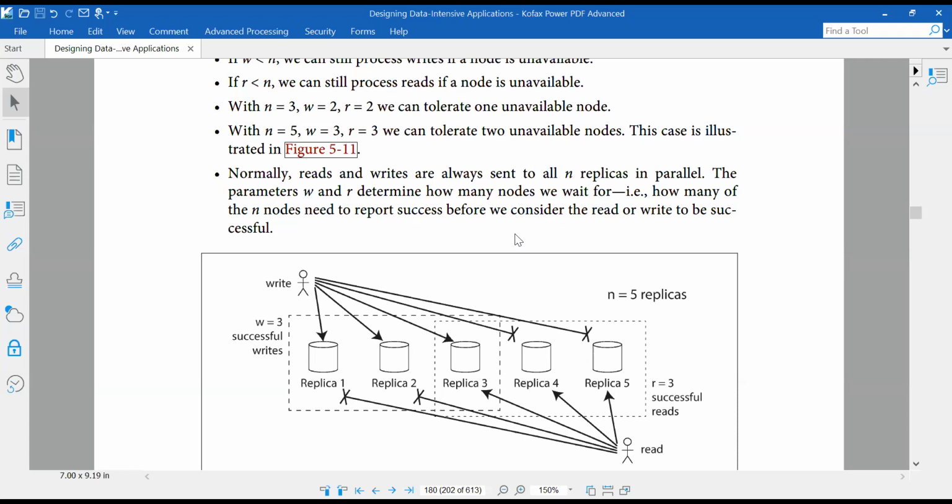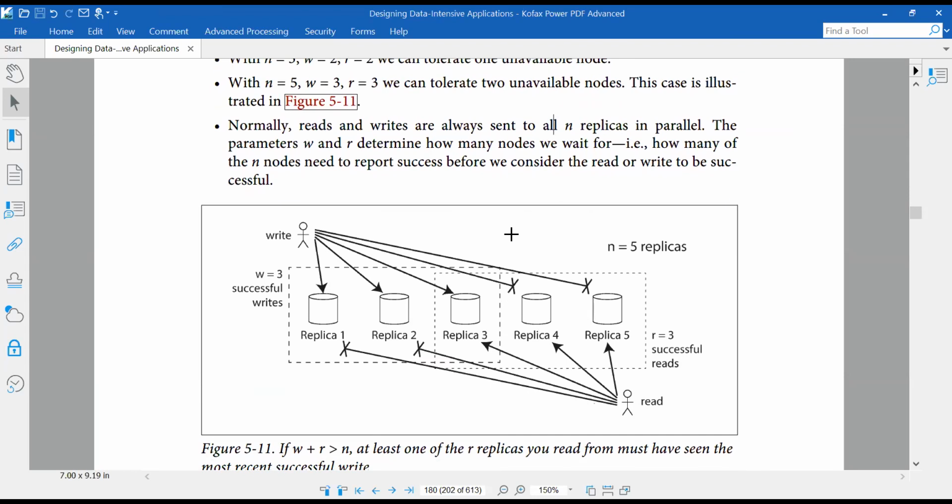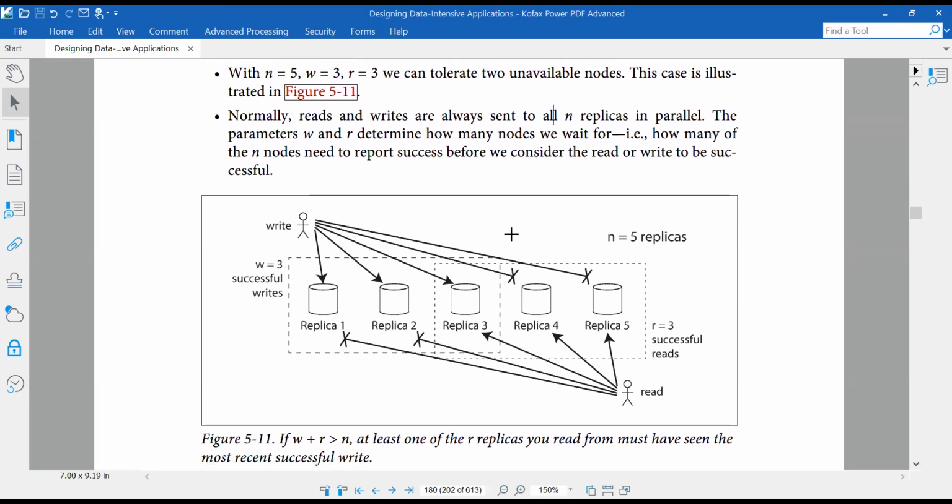So this is our diagram for W plus R greater than N, where at least one of the replicas you read from must have seen the most recent successful write. So here, 5 replicas. R is 3, W is equal to 3.